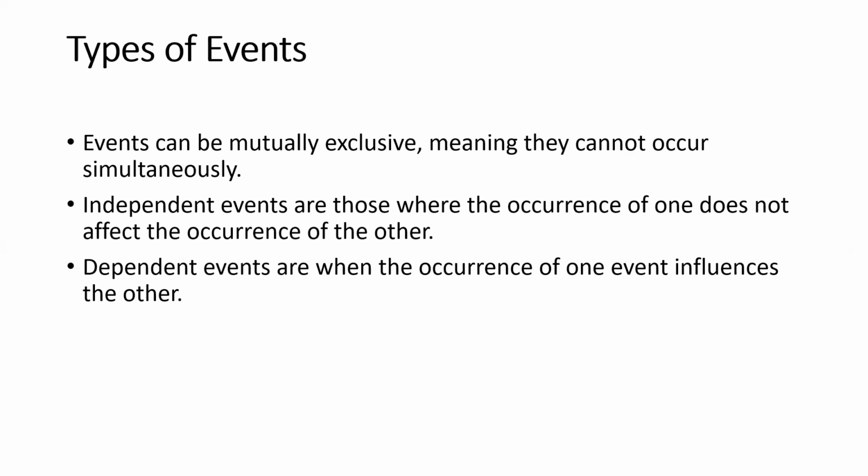Suppose you take one card and look at it and see that it is a red card. Now, out of the 26, you have already taken one out. Now, the probability of getting another red card is not 1 by 26, it is 1 by 25, because they are dependent events. You have taken the card out and therefore it has an effect on the next card. So they are dependent events.